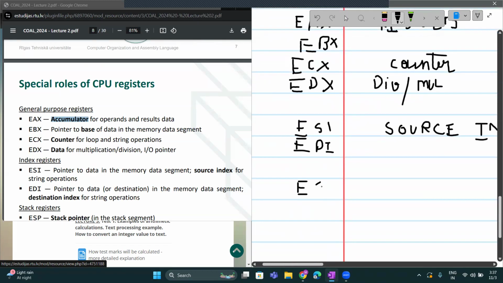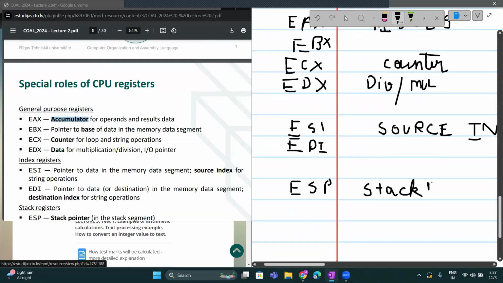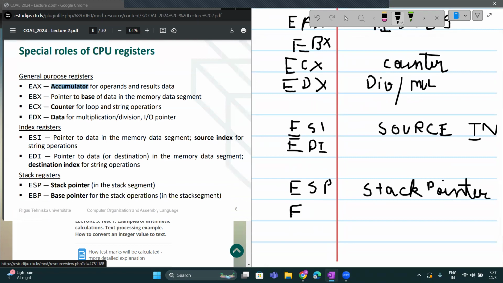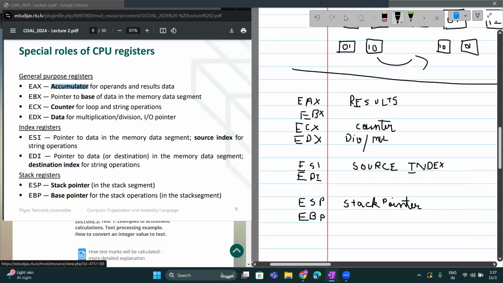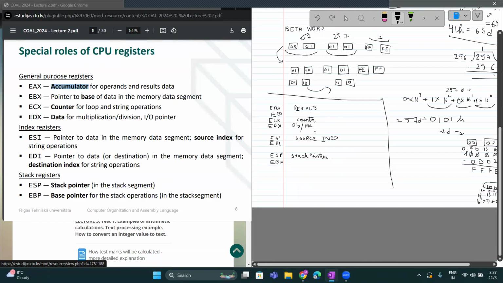And then there is ESP, which is the stack pointer. This will be very useful as well. It points to the top of the stack. Then there is EBP, the base pointer. There is no specific use for this in this course, so no need.